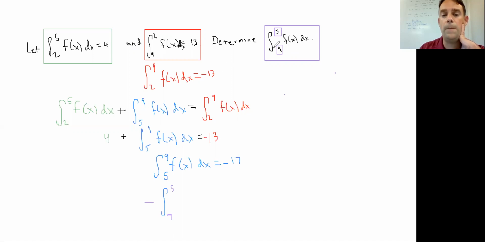And by inverting my bounds, it's going to take whatever my area was, and I have to multiply it by a negative number. That's where that negative kind of comes into play here. So negative 17 makes it a positive 17.